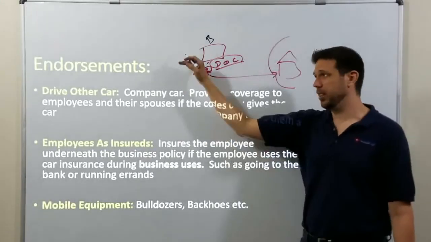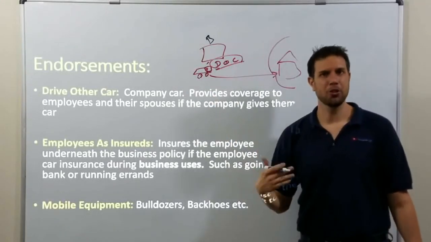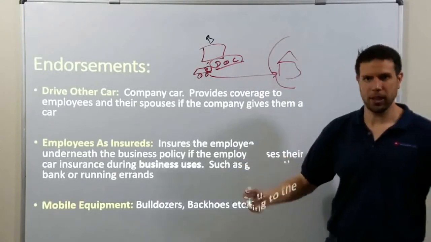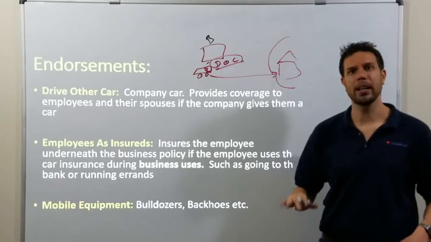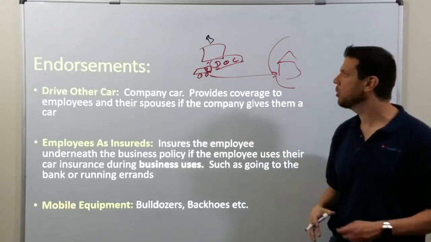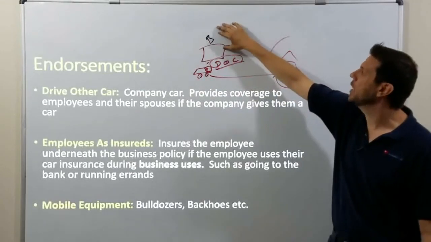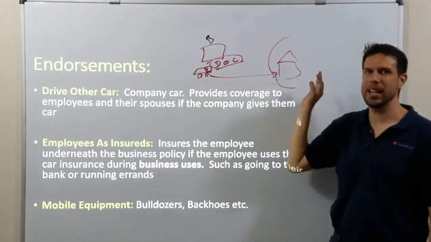Construction people use this a lot because they get a company truck that they get to take home. Cops drive the car and then they take it home and get to drive it around the neighborhood and stuff like that. Drive other car is what the business carries to allow the employee to take the vehicle home.